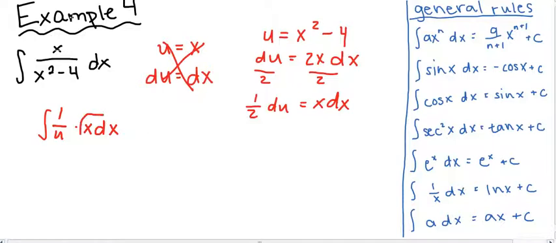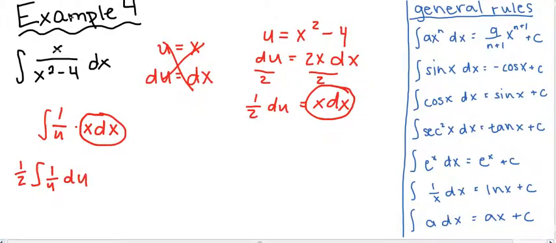You can see that our du is equal to the x dx, so then when you finally rewrite this integral, you will get 1/2 times the integral of 1 over u du. You can then refer to the general rule and solve the integral.